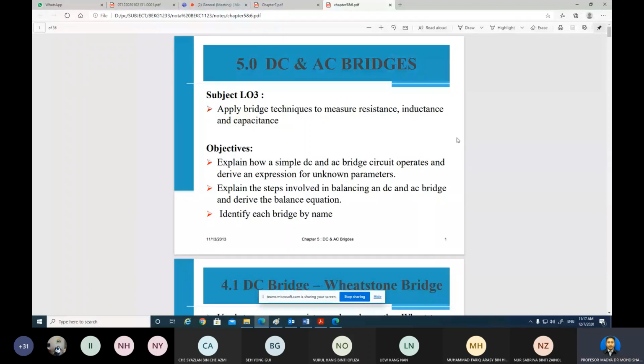Before this, I already explained about the midterm test that I mentioned to you. We have two questions for the midterms. The first question relates to chapter 1, the introduction to instrument and measurement, and the second question is on the DC.